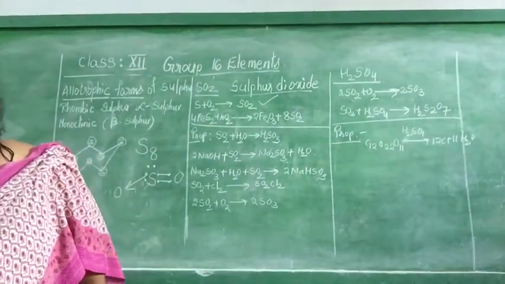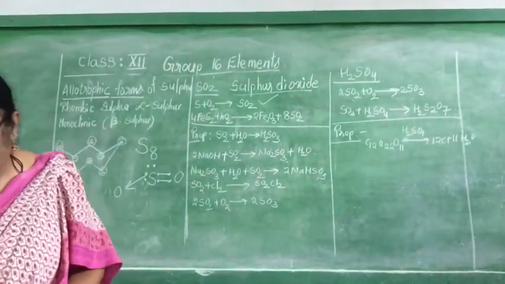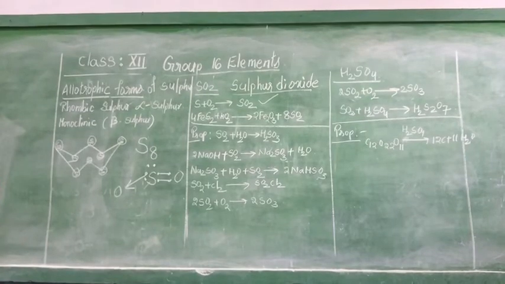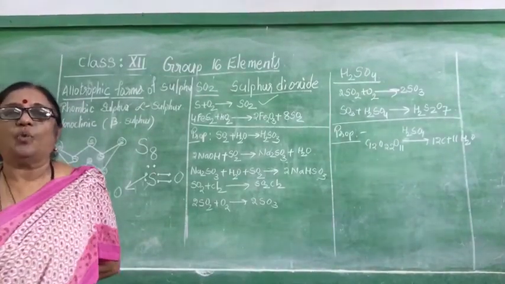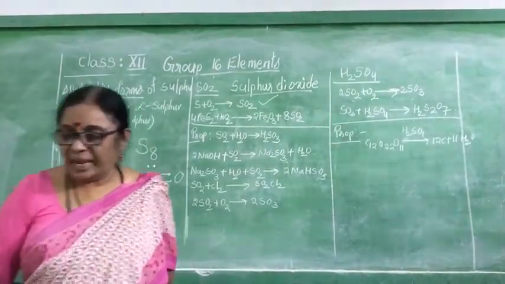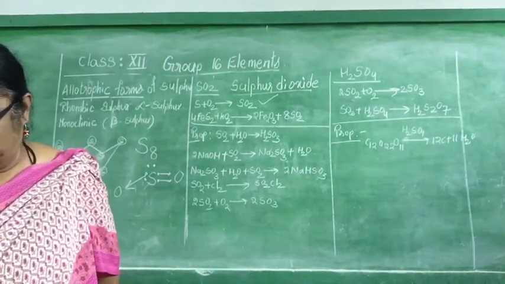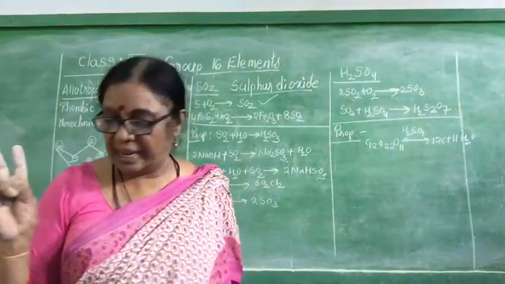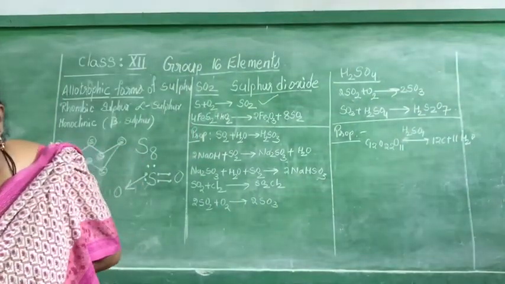Okay, children. Now, sulfur dioxide is a colorless gas with a pungent smell, and is highly soluble in water. It liquefies at room temperature and a pressure of 2 atmospheres and boils at 263 Kelvin.